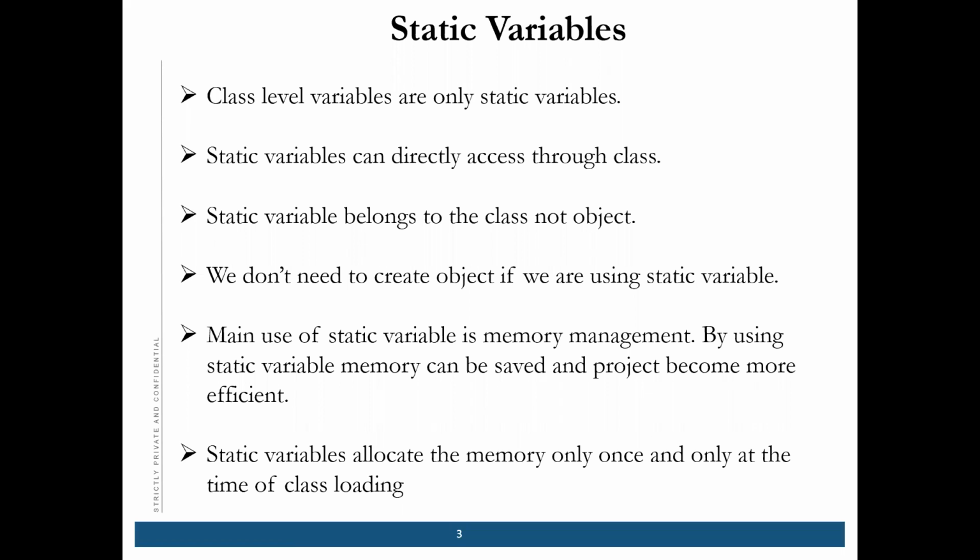That is why we use the static variable. A static variable allocates the memory only once, at the time of class loading. We will learn this in detail, how we can save the memory and how we can increase the efficiency of the project by using the static variable.